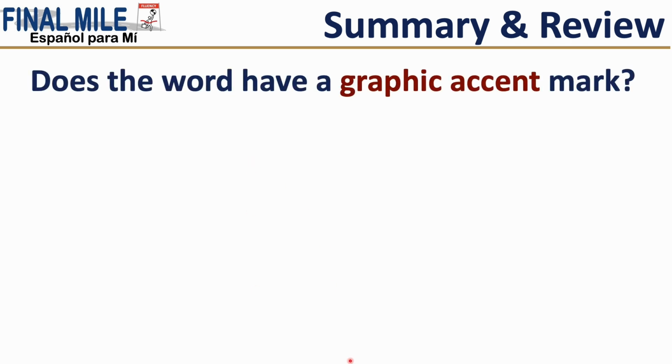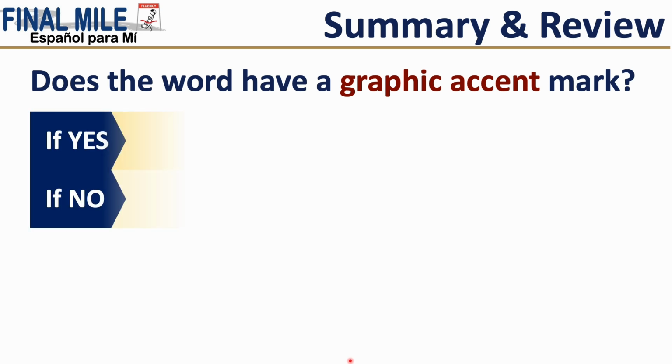So, summary and review. Okay? Whenever you come to a Spanish word, we need to figure out where pronunciation emphasis is. So, the first question that you ask yourself is, does the word have a graphic accent mark? And if it does, okay, you should be saying piece of cake. Very easy.